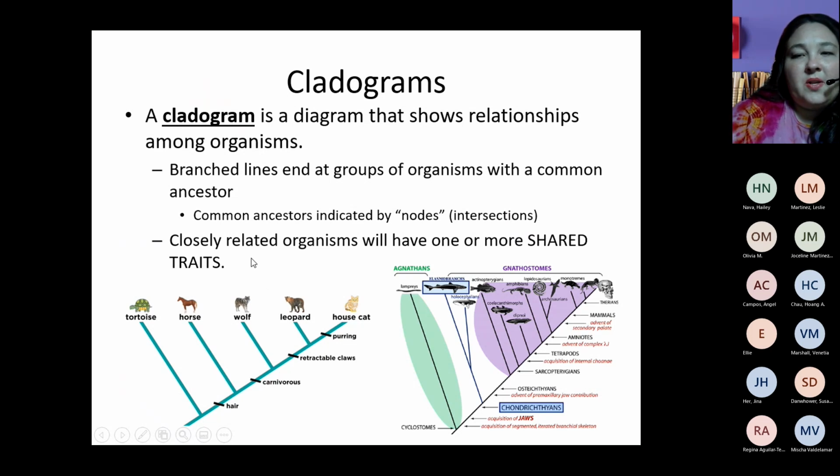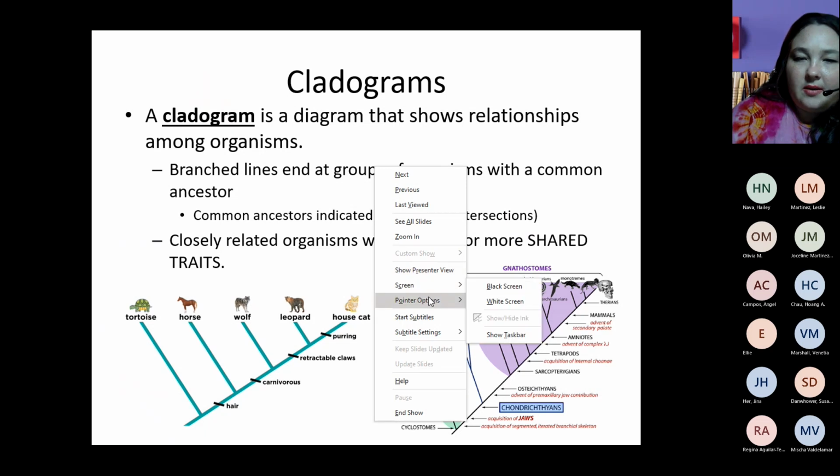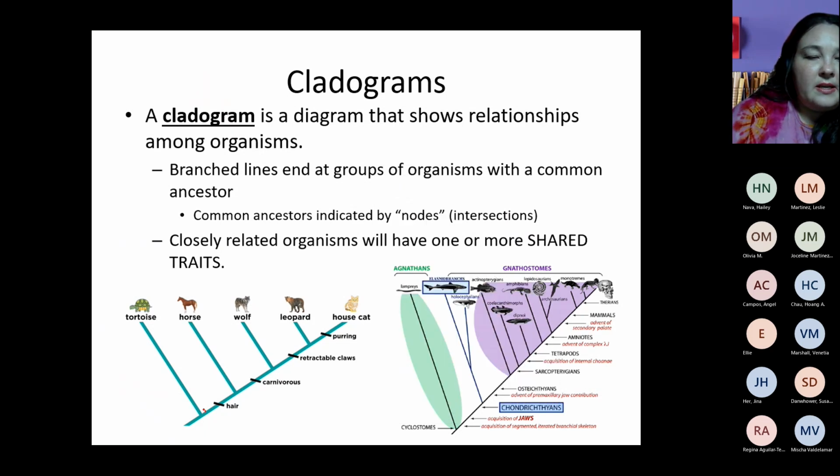Closely related organisms will have shared traits. Let's take a look at this simple one. Here is, all right, let me get my pen here. Here is the common ancestor right here. Some of the offspring of this common ancestor became what we now know as tortoises, and some of them gained hair. Some of the ones that gained hair have offspring that we now know as horses, and some of those hairy organisms became carnivores.